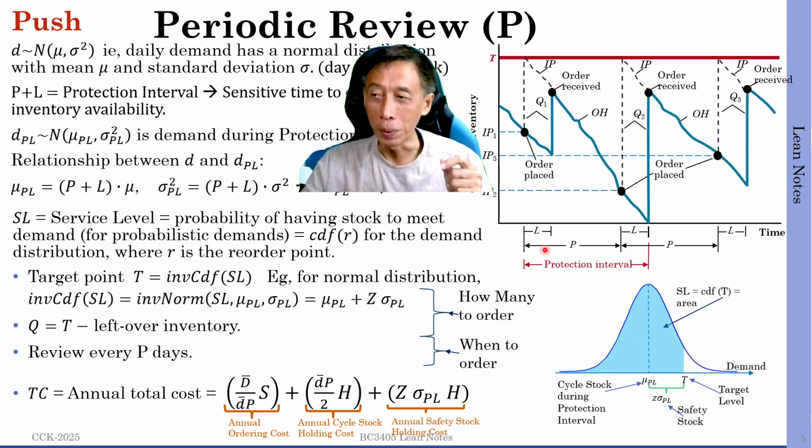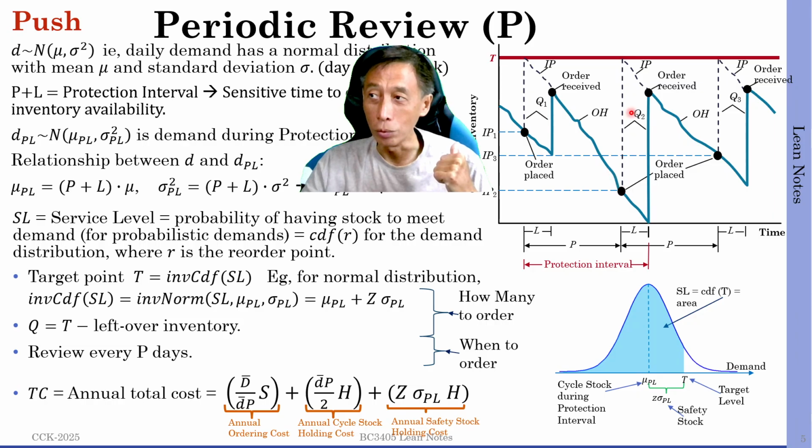So P plus L is the total amount of time that we will have to worry about. Let's think about it. You come into the warehouse, you count 200 tires, T is 300, so of course you order 100. And then you leave. And then you don't know about the review period.